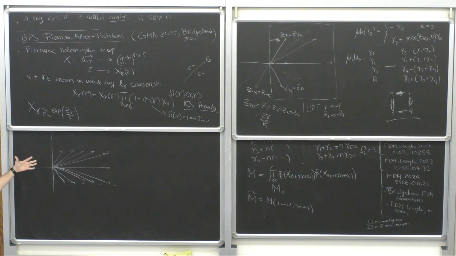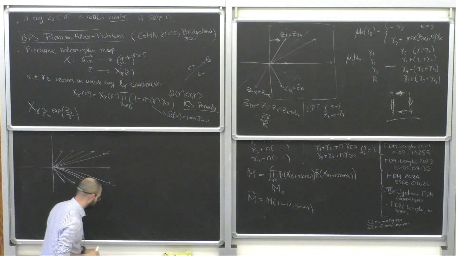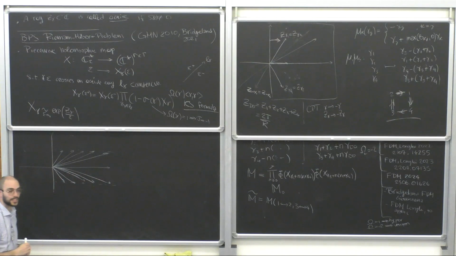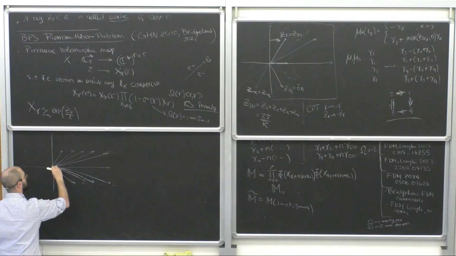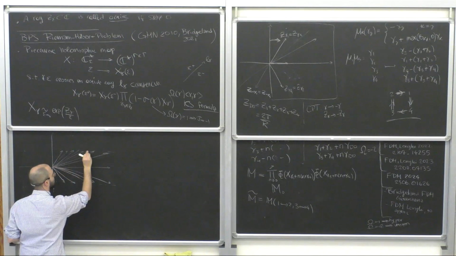Once you determine the BPS spectrum there, you can separate Z1 and Z3 a little bit, as long as nothing crossed, as there's no wall crossing. So here we take something like this.